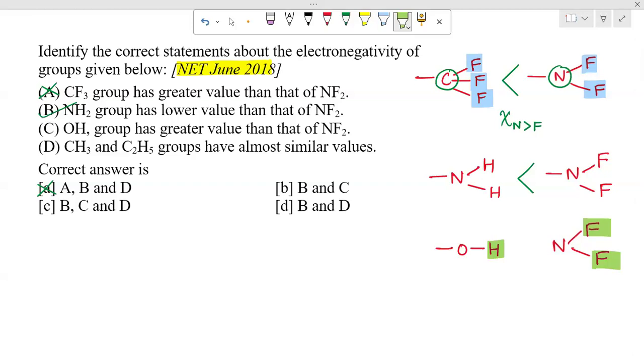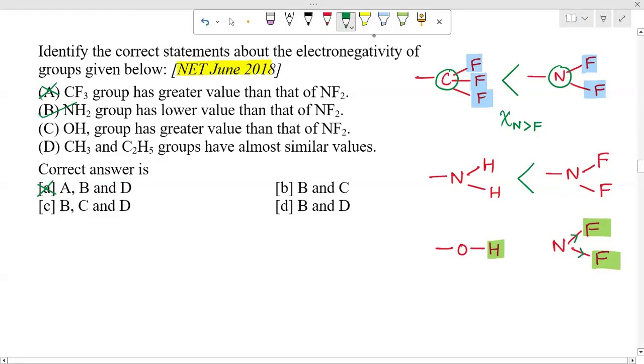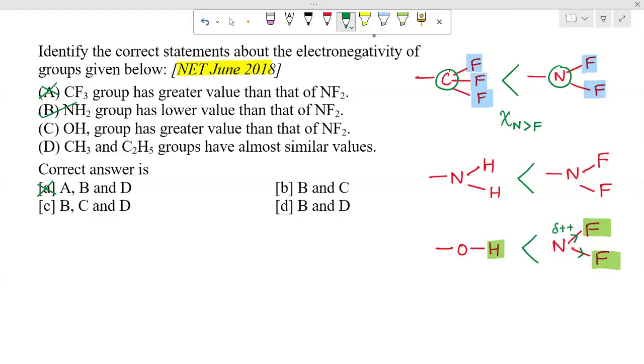In NF2, nitrogen is attached to two fluorines, so there would be a pull of electrons towards the fluorines, and as a result it will attain partial positive charge on the central atom, and hence NF2 is larger than OH. It's not OH which is larger than NF2. So option C is wrong. If C is wrong, the correct answer should be D.